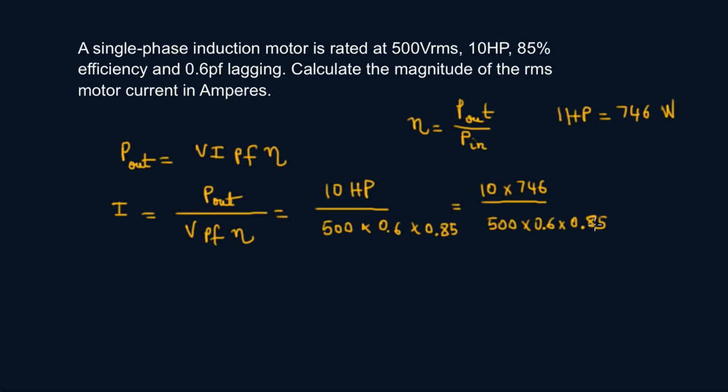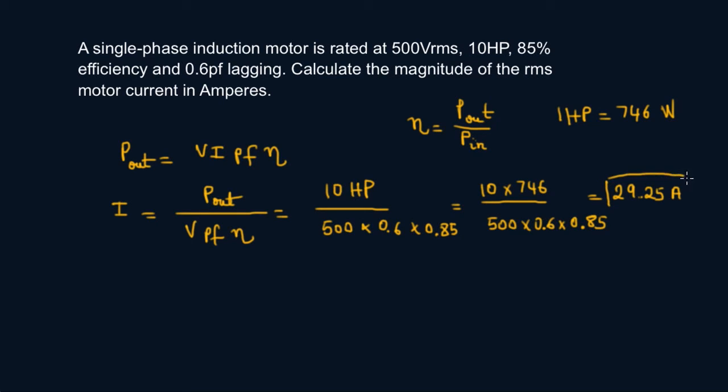Plug this into your calculator: 10 times 746 divided by 500, multiplied by 0.6, multiplied by 0.85. The answer is 29.25 amps. Now I changed the numbers a little bit, but it's the same.